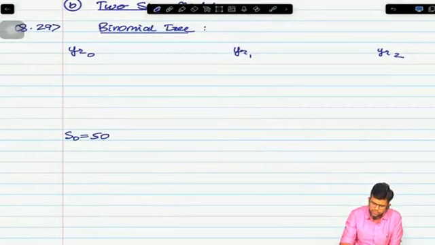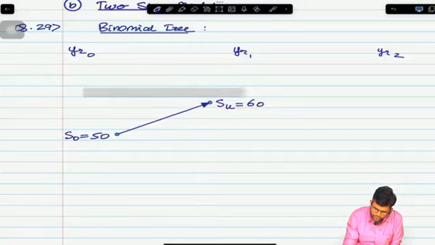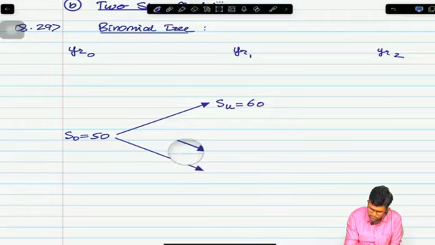Correct, no? So, it can either go to SU of how much? 60, or it can go to SD of how much? 40.